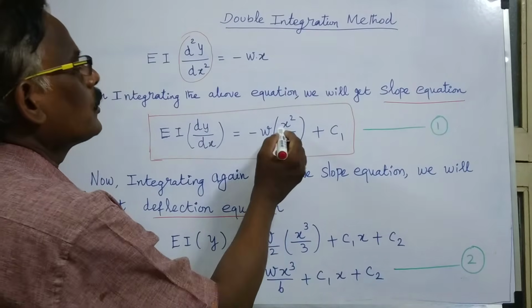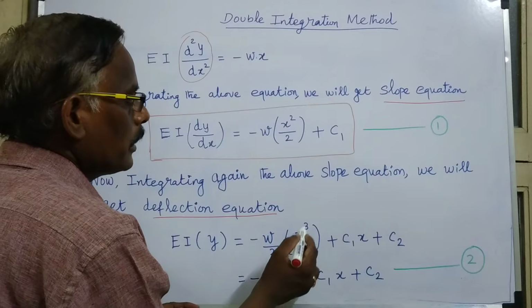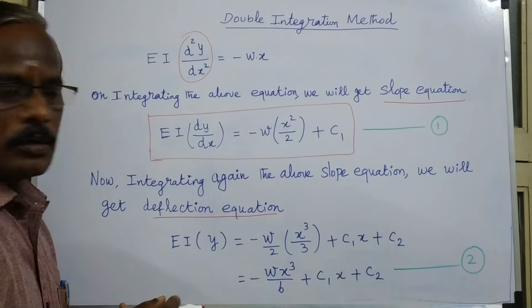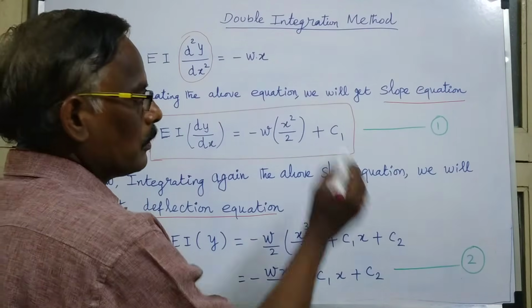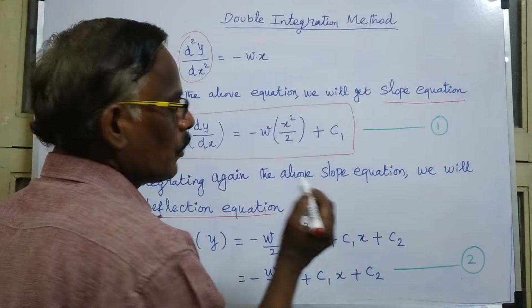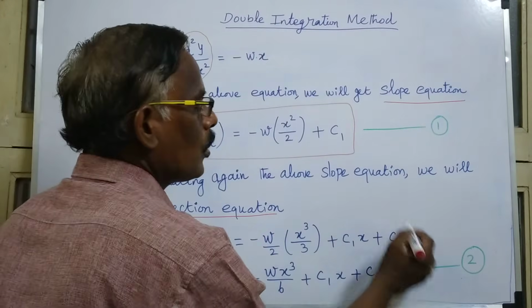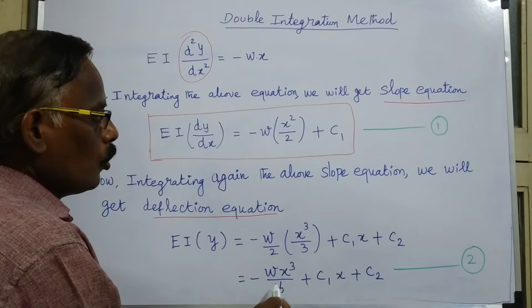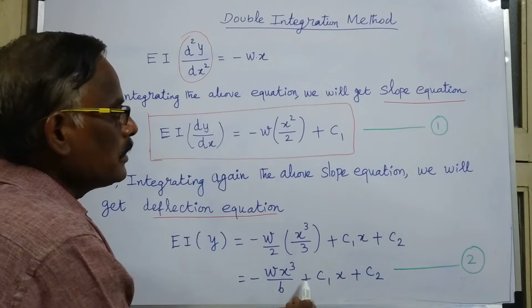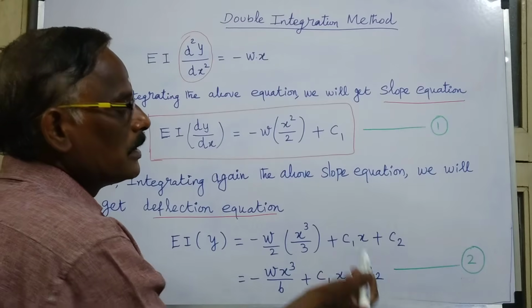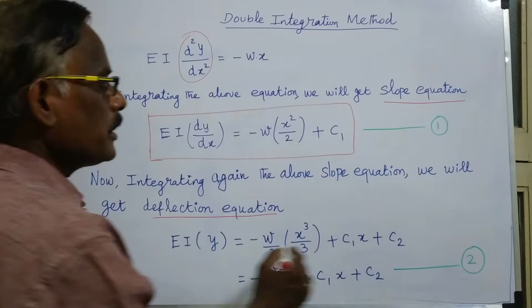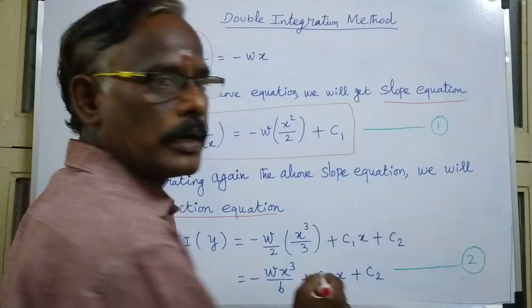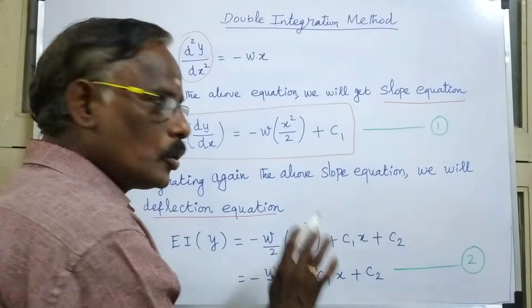If you integrate x squared, you get x cube by 3. Then C1 becomes C1x, and adding one more constant C2. Simplifying, EI y is equal to minus Wx cube divided by 6 plus C1x plus C2. Let it be equation number 2.